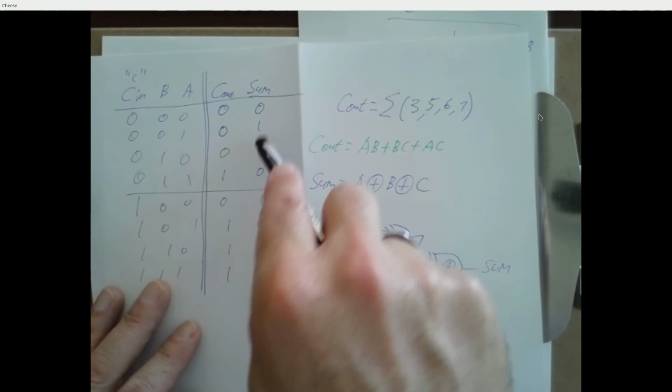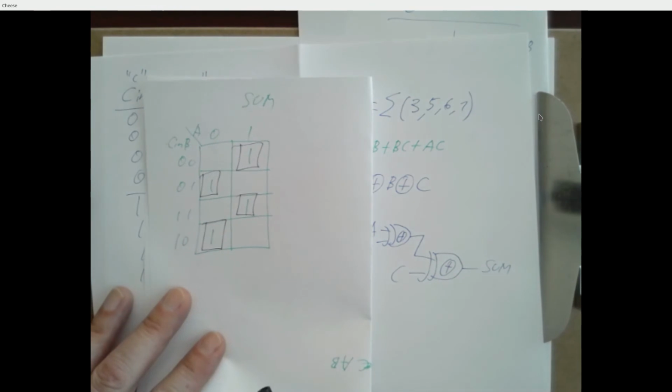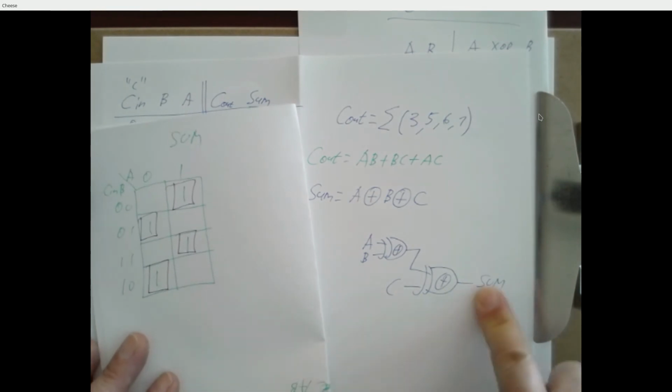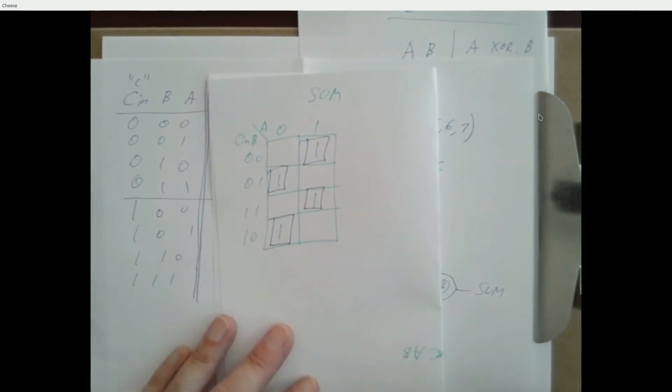And if I had 1 0 0 1 0 1 1 0, in other words the exact opposite checkerboard of this, that's no longer an exclusive OR, but it's just this complemented. So I could take my final output and just throw it through an inverter and I'd have my circuit. So if you have some kind of checkerboard pattern, there's a good chance you can use an XOR to simplify it, but it's a trial and error kind of thing.